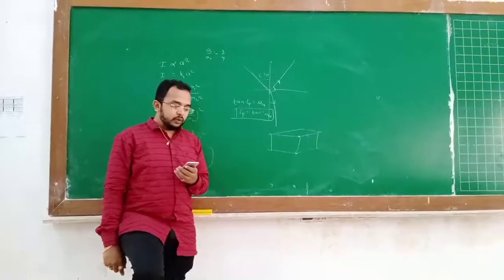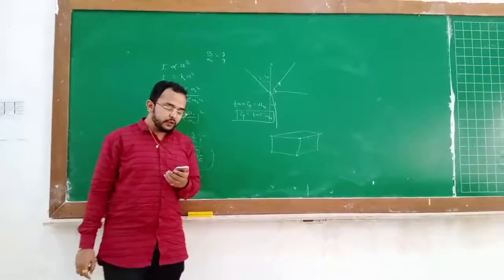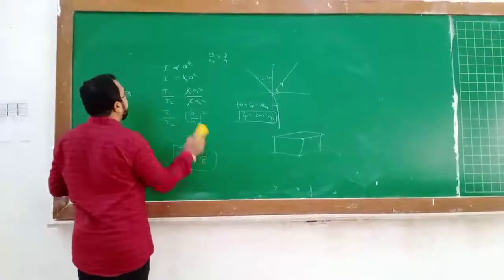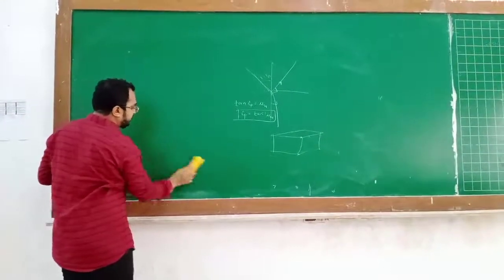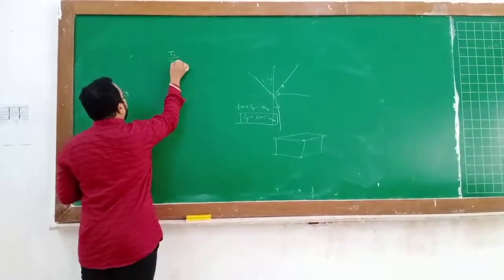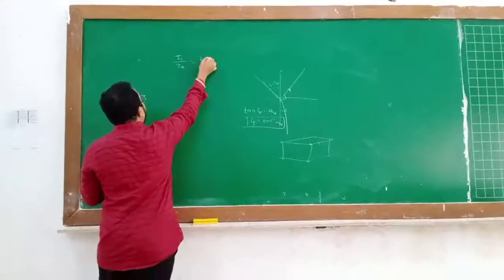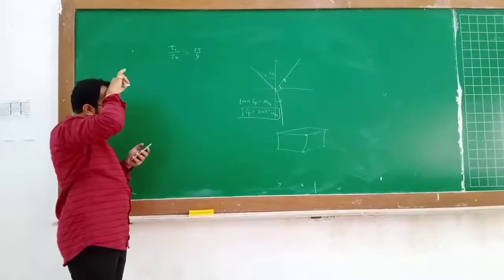Okay. Now next question: two waves having intensity in the ratio 25:4. Now here it is a reverse question: the intensity ratio is given. I1 upon I2 is given, that is 25:4. Read the question carefully.